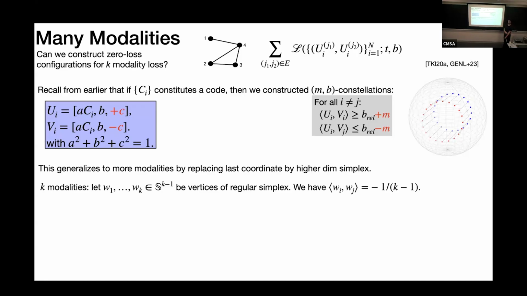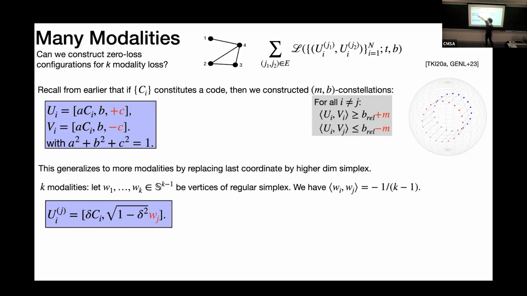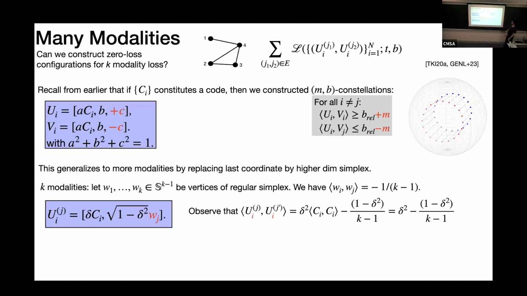You can check that the inner products are slightly negative, and this can then be placed in the last coordinate instead of this shift. You can then have the jth modality have the jth vertex of the simplex there in the last coordinate, and the first part is still just the spherical code that we had before. And you can just compute out what the inner products are.